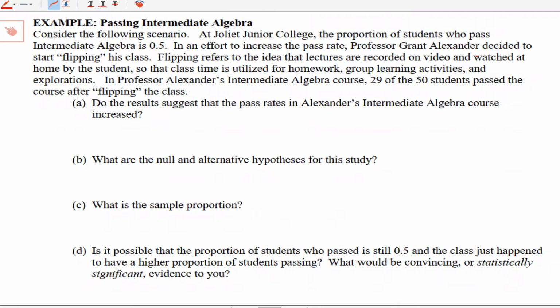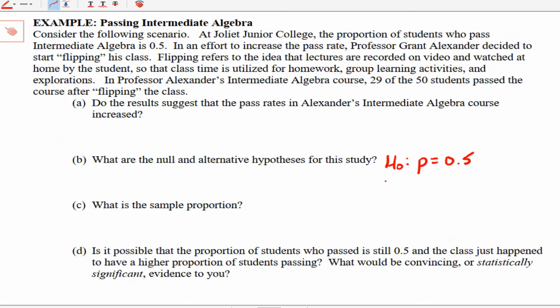And so let's form our null and alternative hypothesis for the study. Remember, the null hypothesis is always a statement of no change, no effect, no difference. That would mean that the results in the flipped classroom are the same as the results of intermediate algebra in general, namely that the proportion who pass is still 0.5.